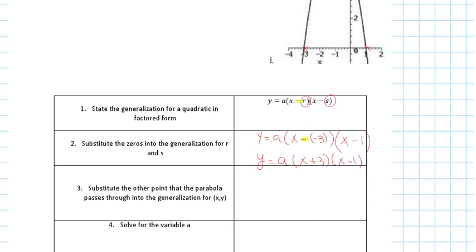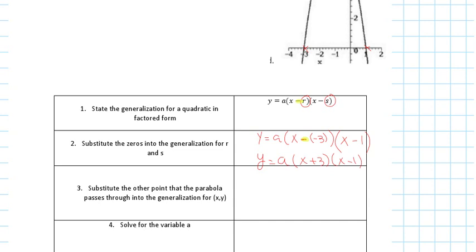Okay? Now what else do I need to look for? Can I leave it as y equals a(x plus 3)(x minus 1)? No. What do I have to do? Look for x. Find another point, x and y, to solve for a. A has to be a value.